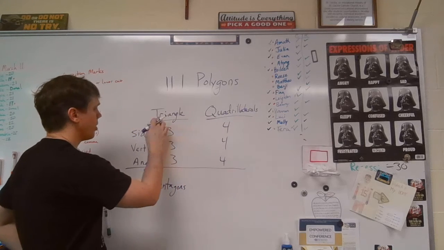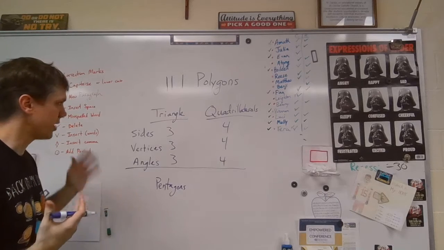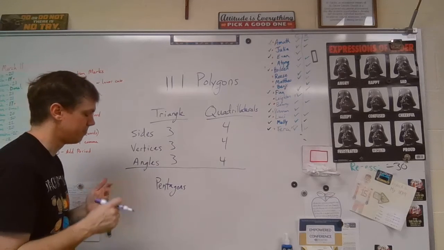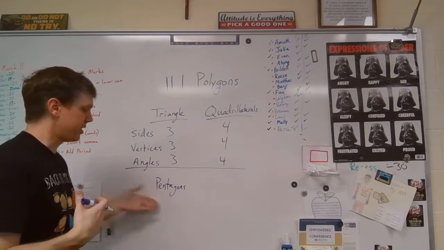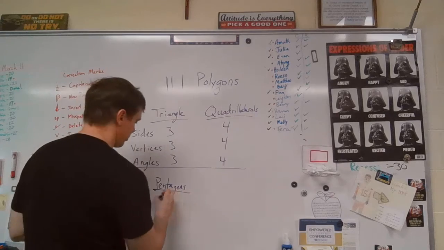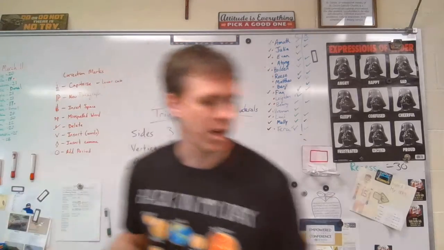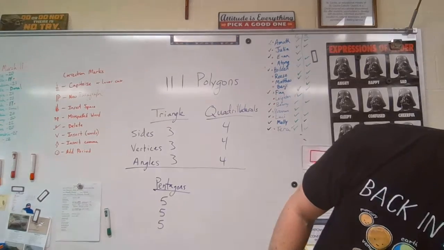And triangles and quadrilaterals are the ones that kind of have the weird names. After this, it just gets a lot more regular. You have a gon at the end, all right? So we have pentagons, which are 5, 5, and 5.